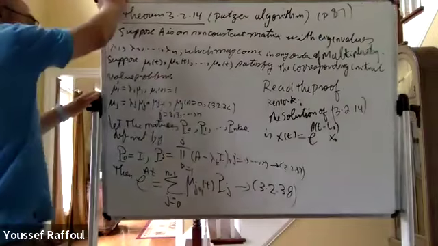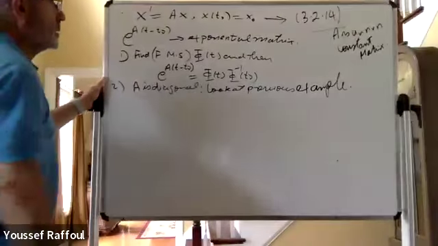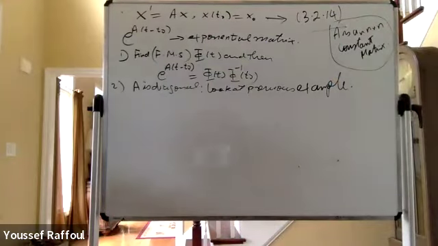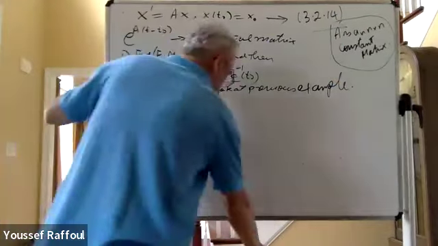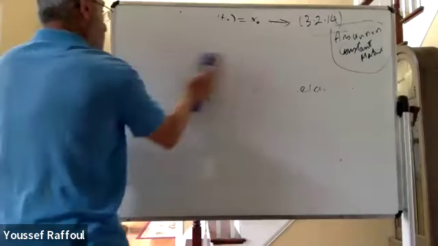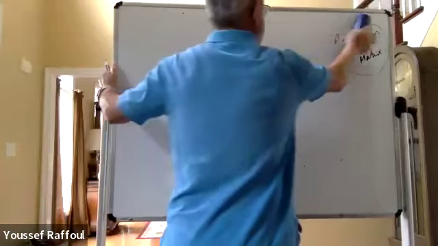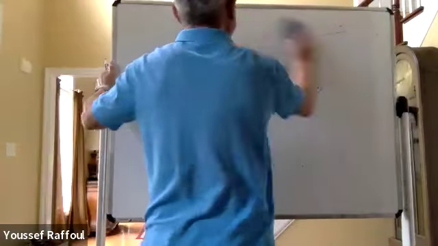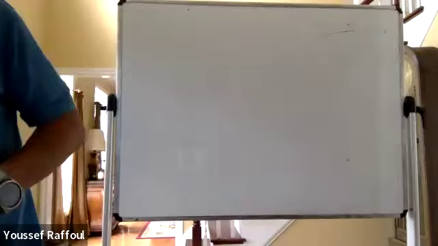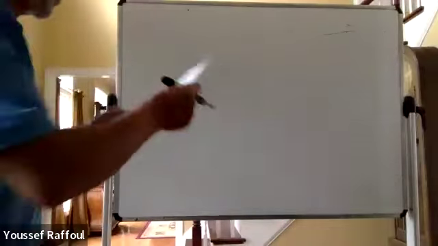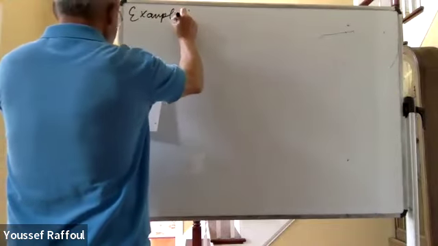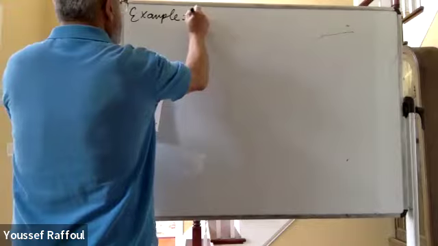Okay, so let's do an example. You see, A is an n by n constant matrix. The best thing to do is an example in the book. So this is example 3.8.